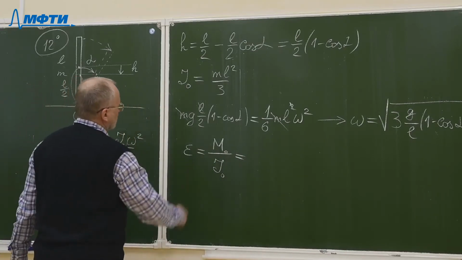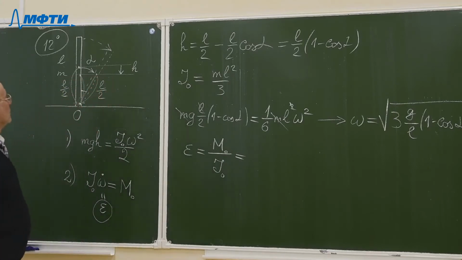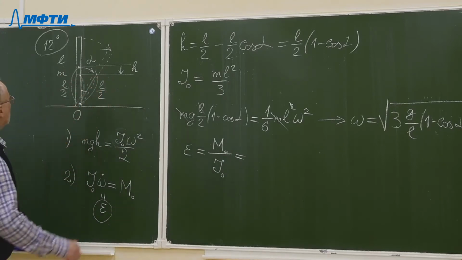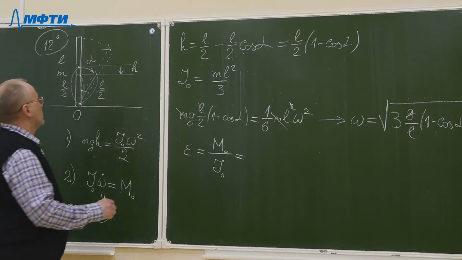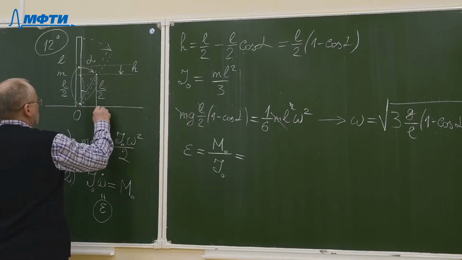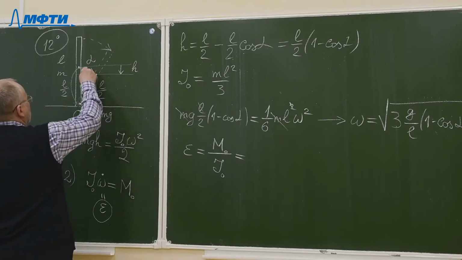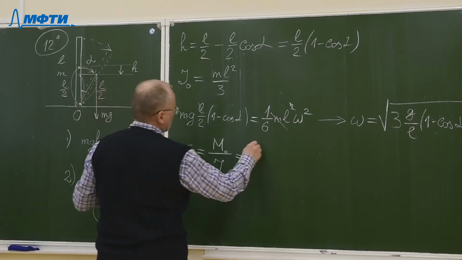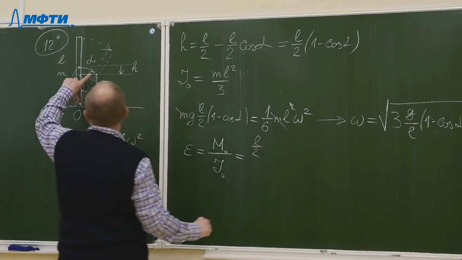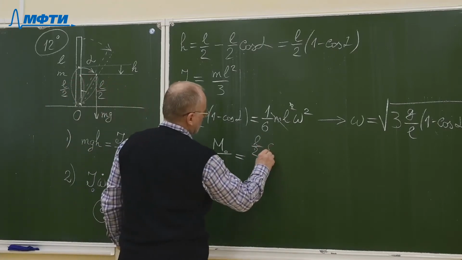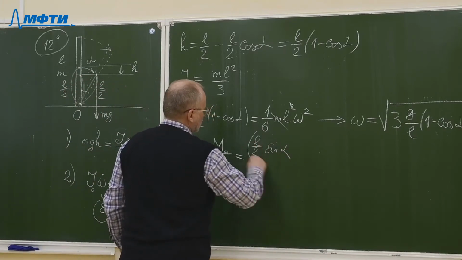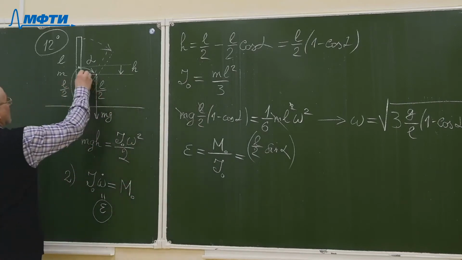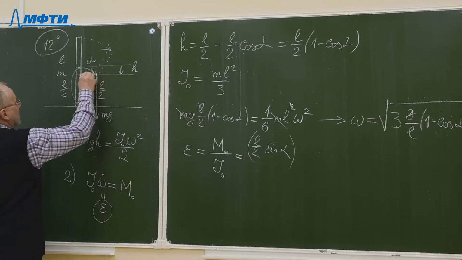So in order to calculate the torque, we have to recall what the torque is by definition. The torque is the force times the arm of the force. The arm of the force here will be equal to L over 2 sine alpha. That is the arm of the force. That is this section.